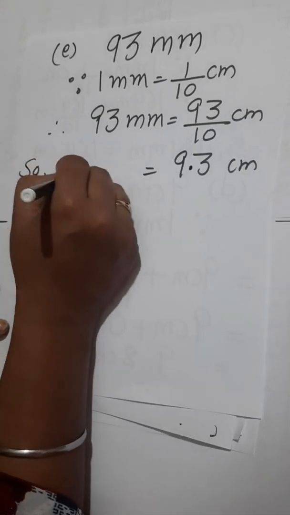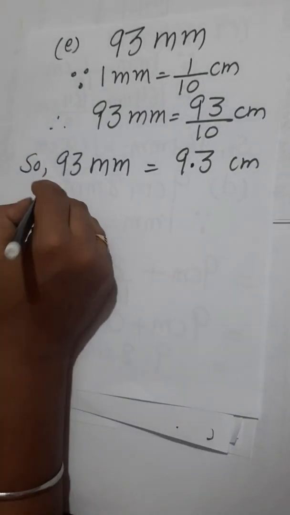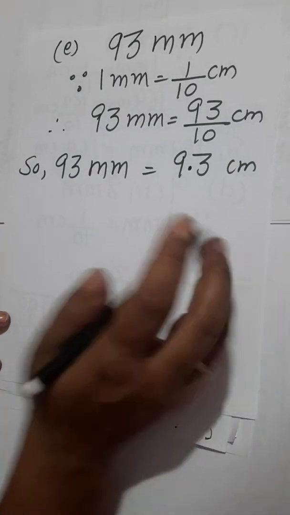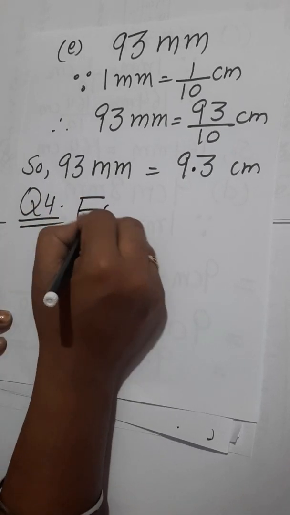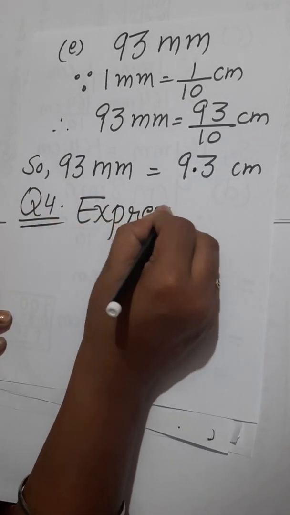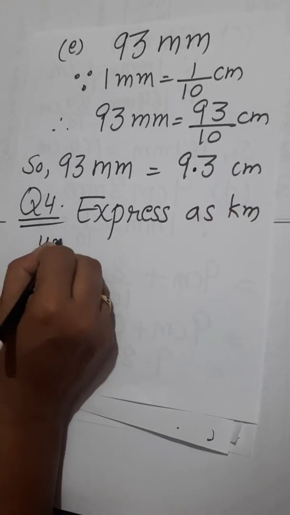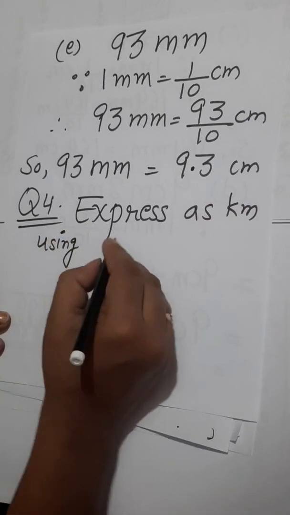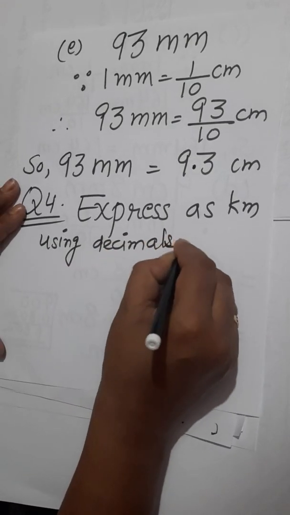So 93 millimeter is equal to 9.3 centimeter. So this is all about our question number 3. Next we have question number 4: express as kilometer using decimals.